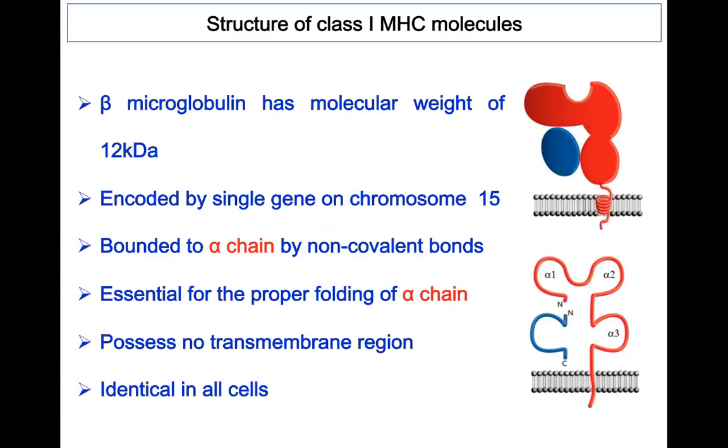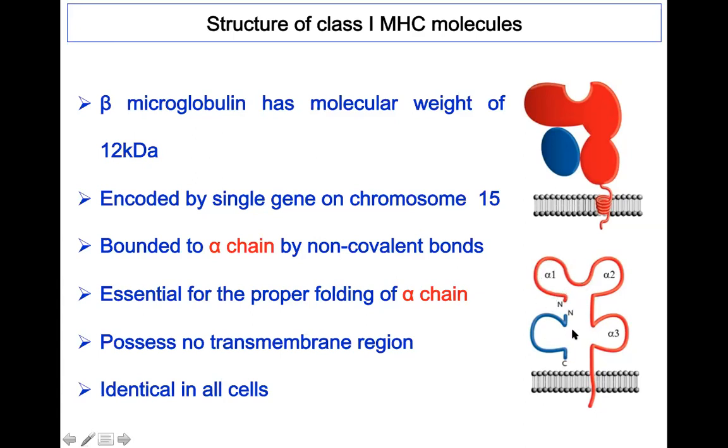So keep in mind that the alpha chain genes are located on chromosome number 6, while the beta microglobulin genes are located on chromosome number 15, and it is bound to the alpha chain by a non-covalent bond. As you can see here, beta microglobulin binds with the alpha chain through alpha chain 1.